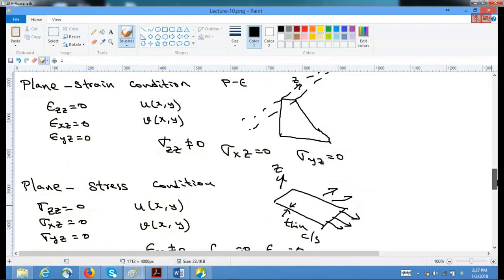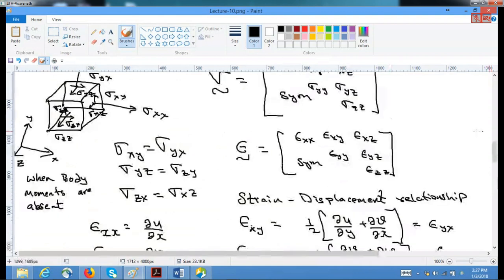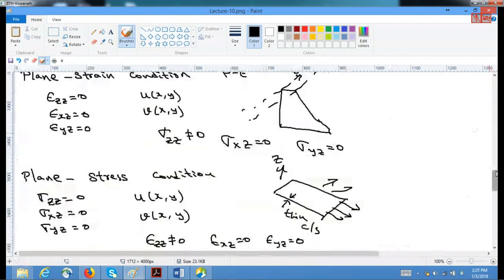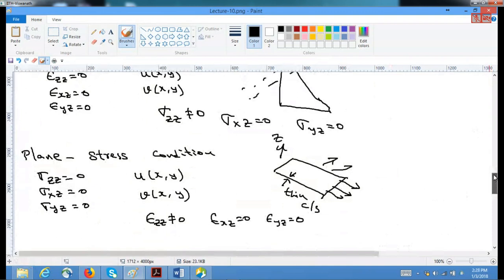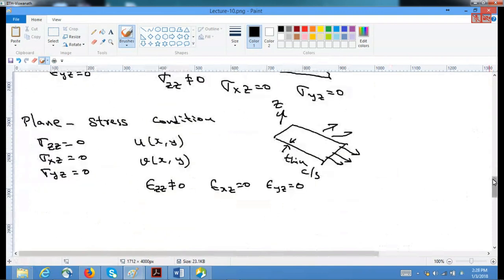Now, in order to handle a one-dimensional, two-dimensional, three-dimensional state, we need to understand several different things. So for that, what I will do is I will try to convince you that the better way to represent these things is not the full form that you are seeing, but there is something called principal stresses.